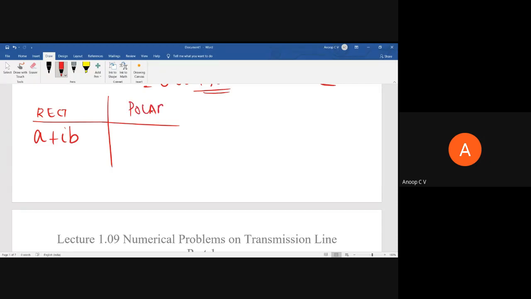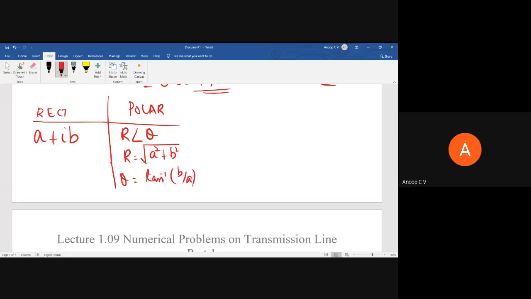Polar is r angle theta, where r is the square root of a squared plus b squared, that is, the square root of real part squared plus imaginary part squared, and theta is tan inverse of b by a.